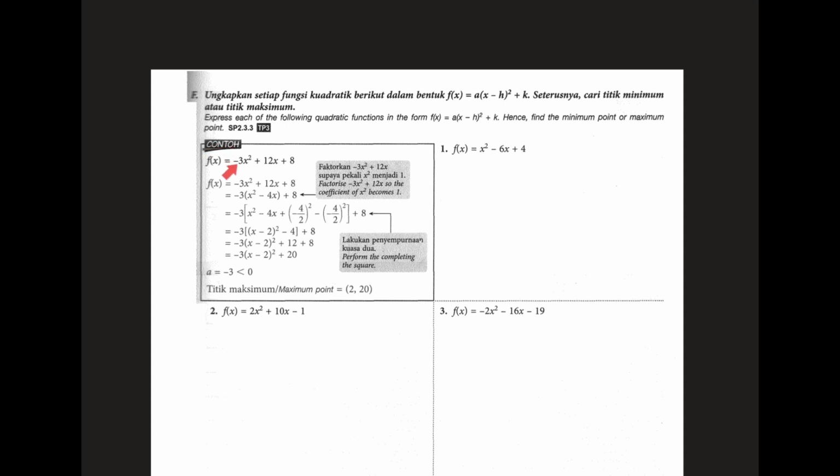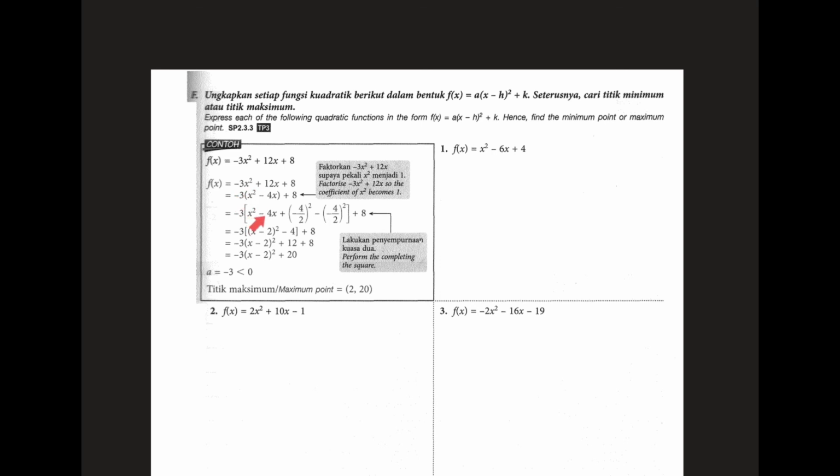First, factorize minus 3. What they do is they factorize minus 3 from the first and the second term only. The third term, they leave it there. So, you see, they factorize from here and here. This one divided by minus 3, you get x squared. This one divided by minus 3, you get negative 4x.